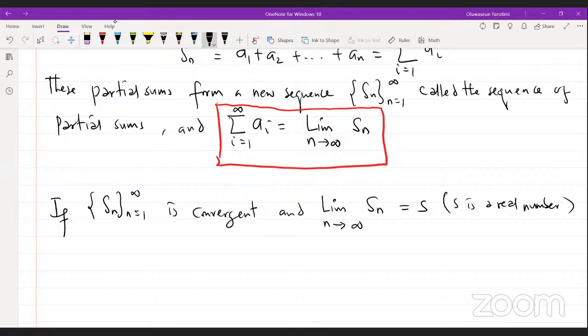Now remember, when do we say the limit of a sequence exists? It exists when you find the limit and it gives you a finite number, right? Okay. So then, this is another definition.